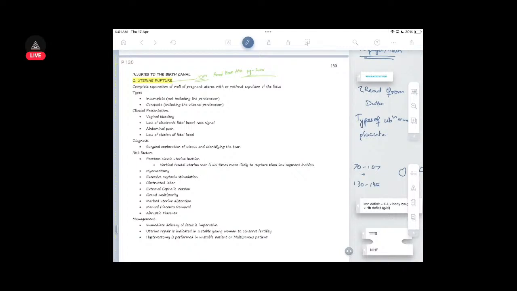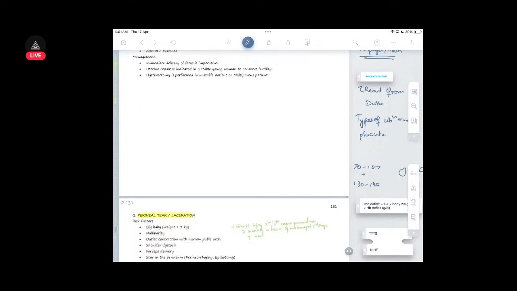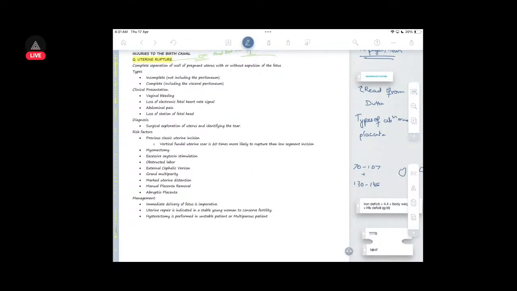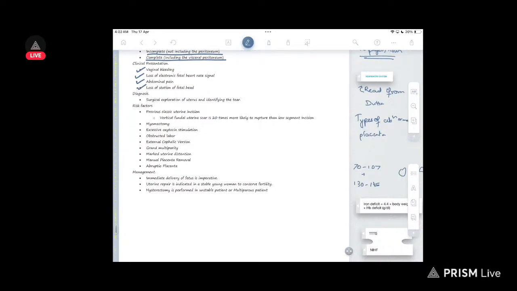Then uterine rupture, a 10 marker. It is complete separation of the wall of the pregnant uterus with or without expulsion of the fetus. It can be incomplete, not including the peritoneum, or complete, including the visceral peritoneum. It presents as vaginal bleeding, loss of electronic fetal heart rate signal, abdominal pain, and loss of station of the fetal head.